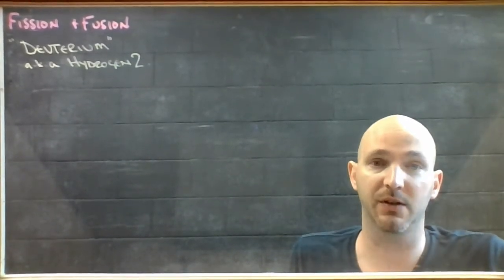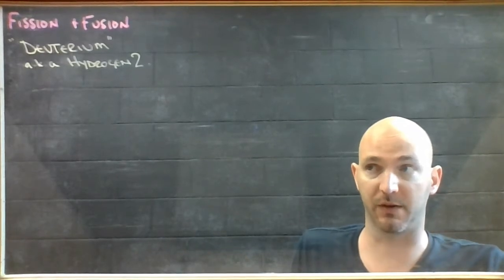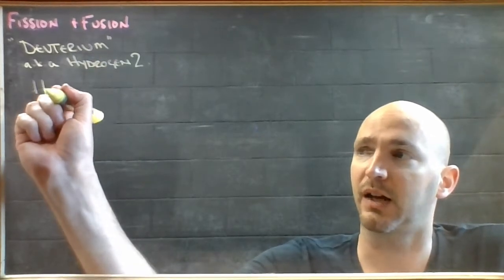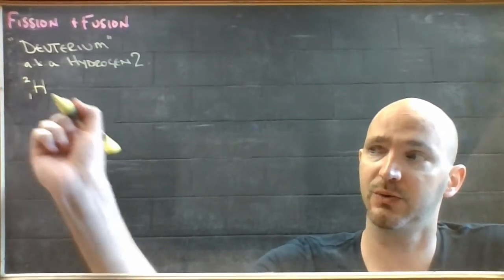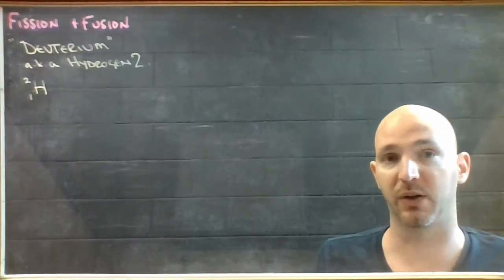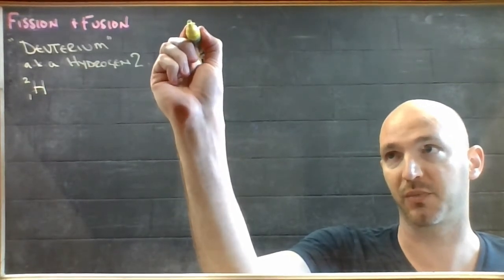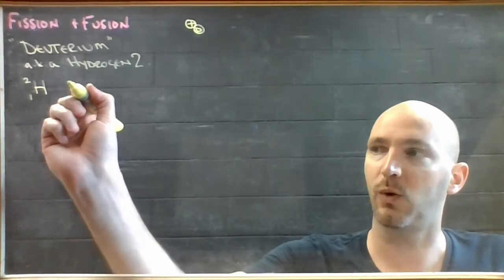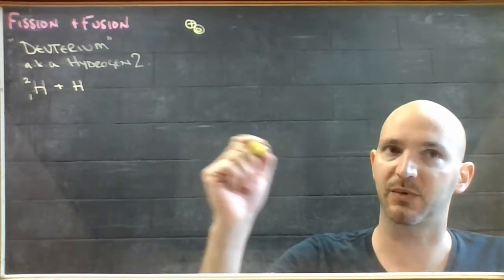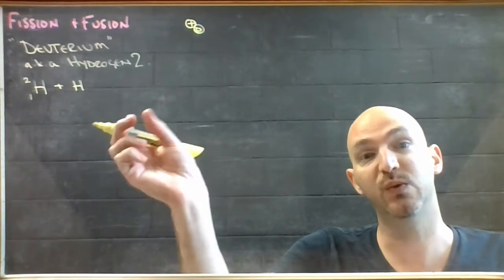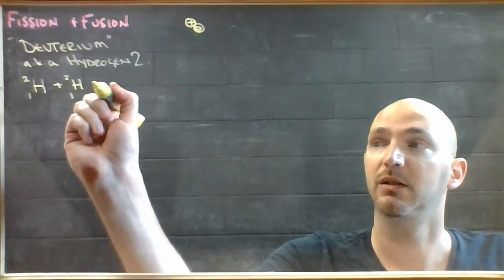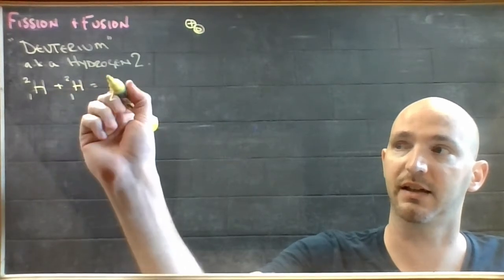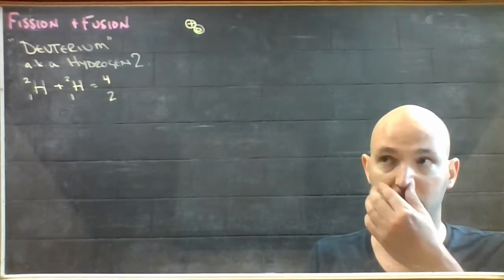Okay, so we're going to start this off with deuterium, also known as hydrogen-2. Hydrogens have one proton, and if it's hydrogen-2, it has two particles in its nucleus. A proton is one of them, and then a single neutron is the other. If I took one of those, and instead of splitting, I fuse them together, what I'd end up with is a particle that had two protons in its nucleus and a total of 4 particles.